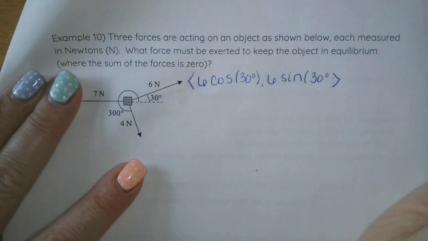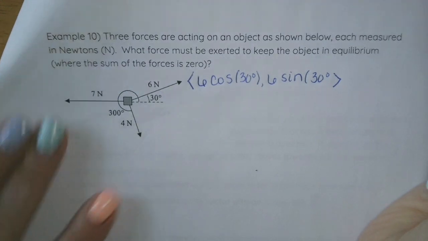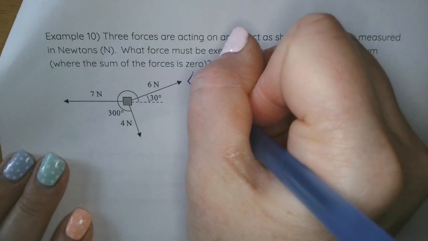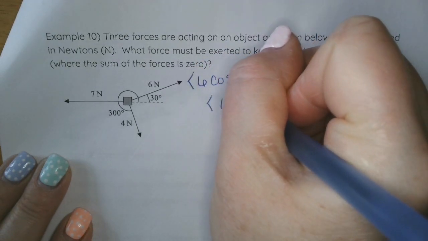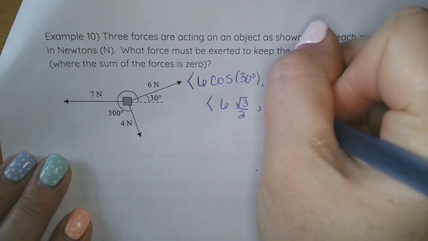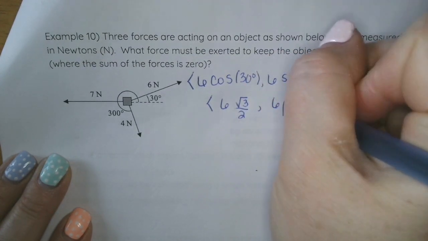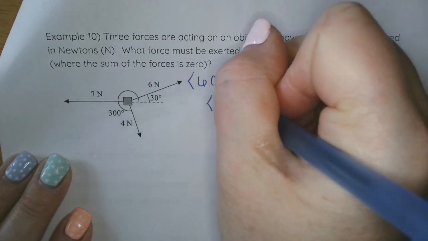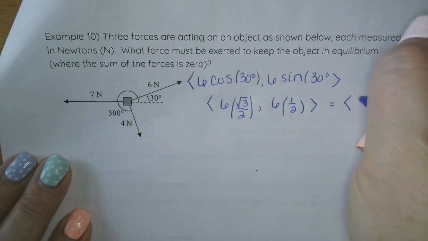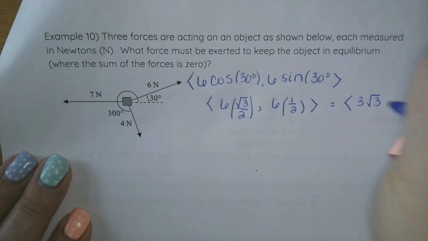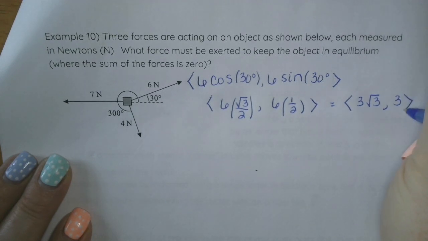Now, I am able to evaluate cosine of 30 degrees and sine of 30 degrees, so I will do that. I'll have then 6 times square root of 3 over 2, 6 times 1/2. Simplifying, I now have the component 3 square root 3, and 3.